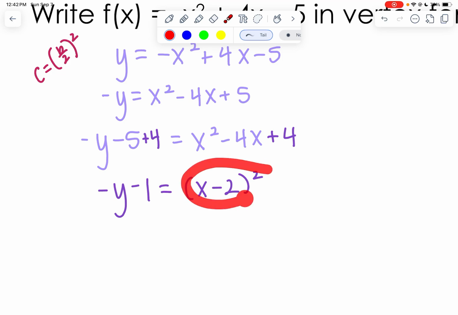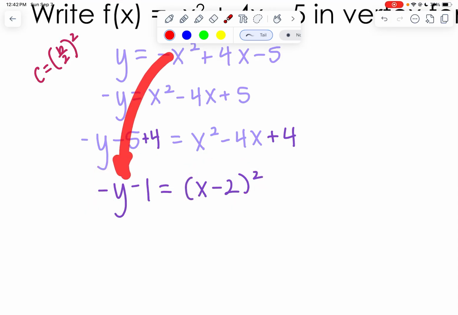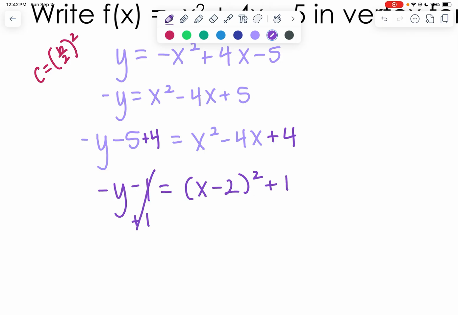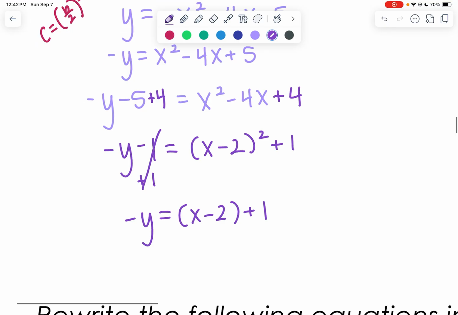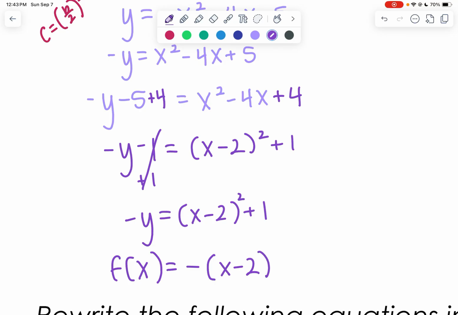Okay, now I want it in vertex form. So normally from completing the square from there, you would solve, right? Like you would square root both sides and go from there. What I'm going to do is get y by itself. So I'm going to add the 1 back over. So now I have negative y equals x minus 2 squared plus 1. And then I'm going to divide everything by the negative 1. So that would be y equals, or f of x equals negative x minus 2, forgot your squared, because this is not going to change.